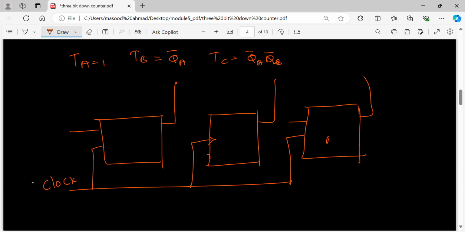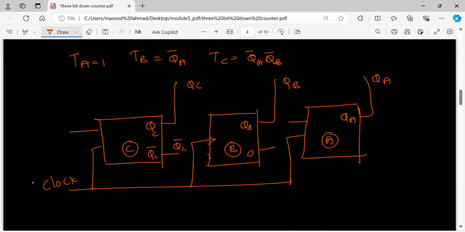So this is flip flop A. All are T flip flops. This is flip flop C. This is QC, this is QB, this is QA. If you want QC bar, it is available as QC bar. If you want QB bar, here is QB bar available.